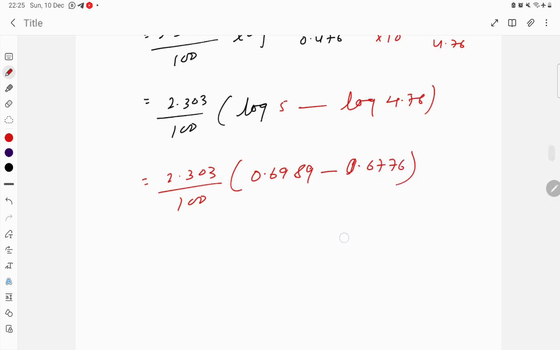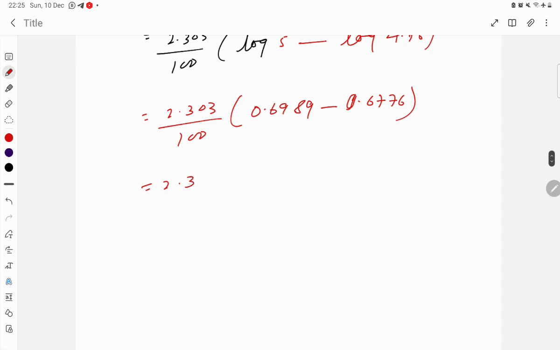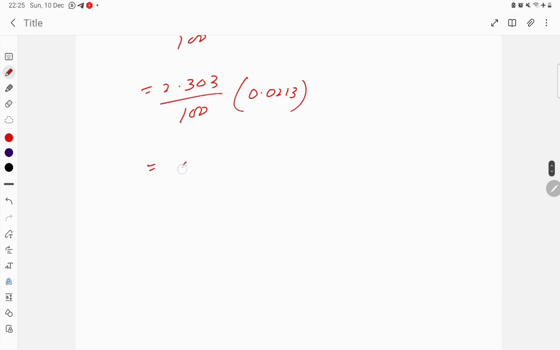Now you solve this one. 2.303 upon 100 times, if you are solving, 0.213. Now if you are solving, 0.000490. So here you can see k is equal to 4.90 into 10 power minus 4.